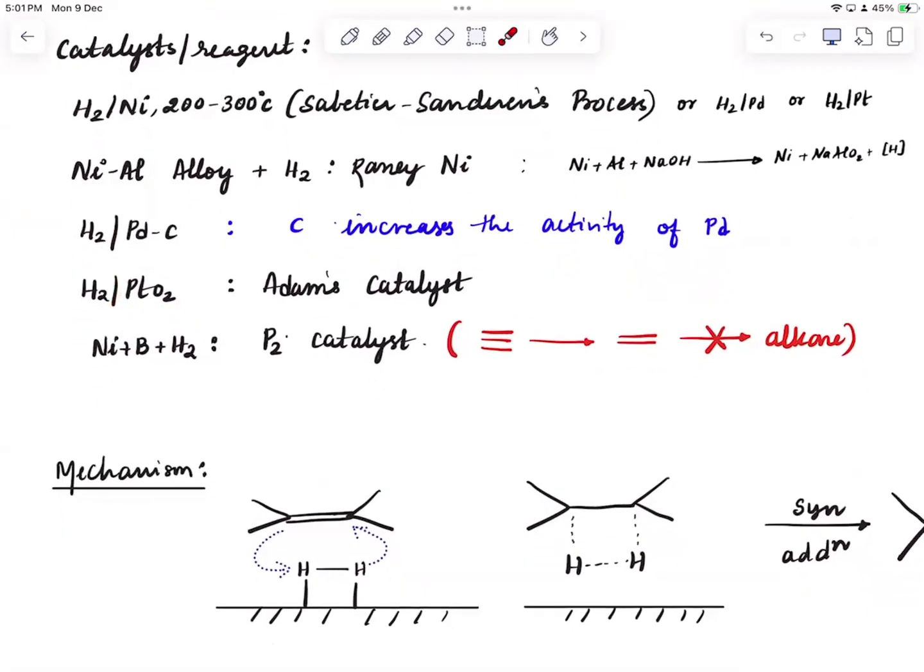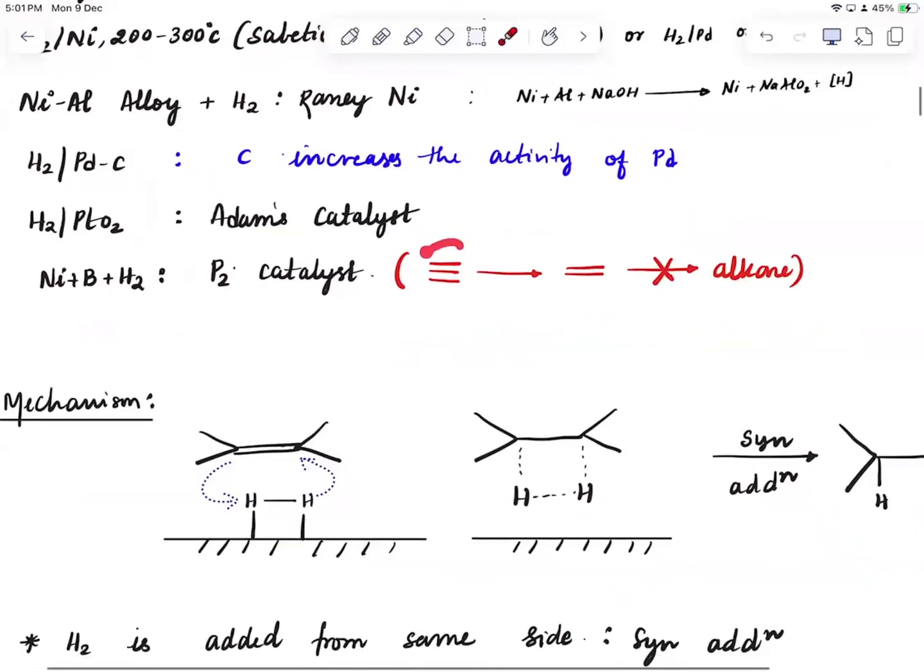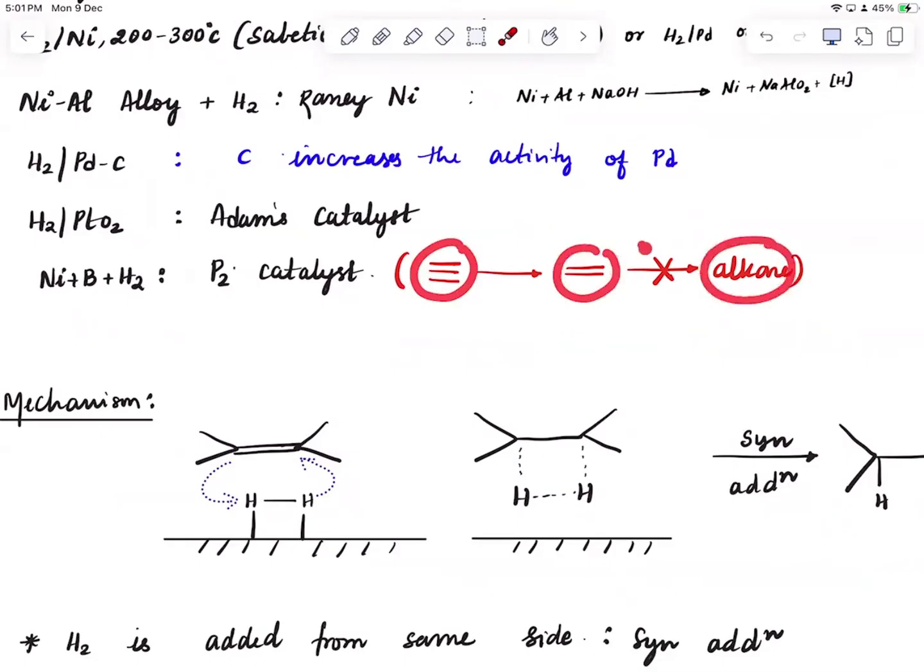Okay. Another catalyst is nickel boride with hydrogen, which is also called the P2 catalyst. But the problem with the P2 catalyst is that from alkynes it can reach alkenes, but it cannot go further to alkanes. So the major product will be only alkenes, not an alkane here. Okay.